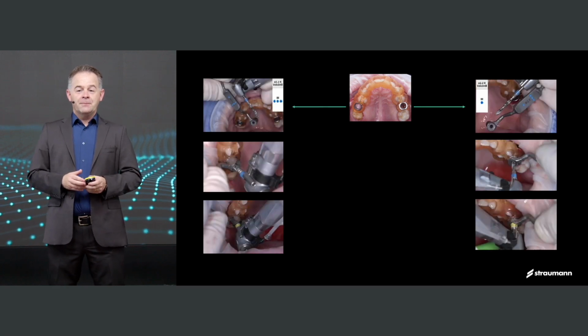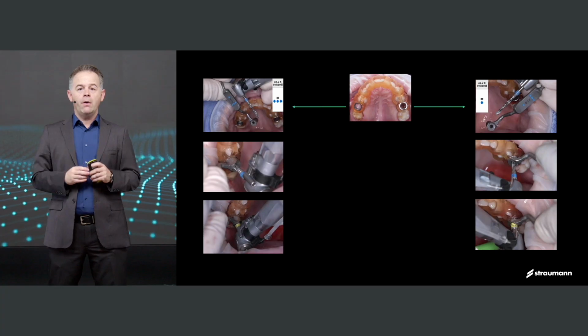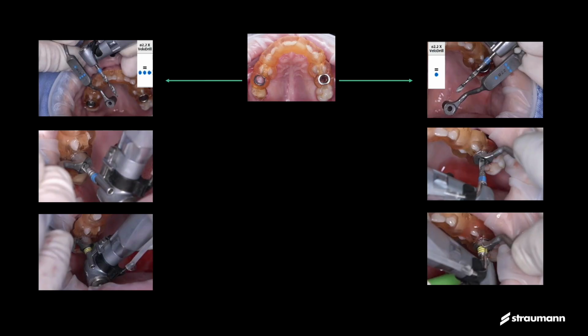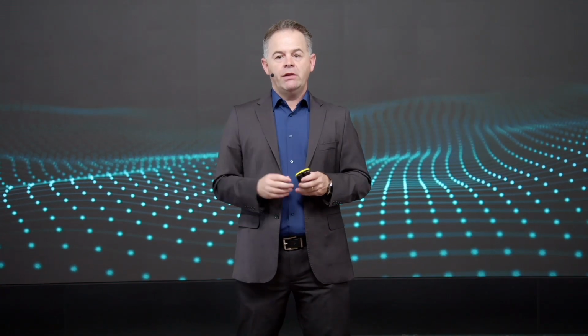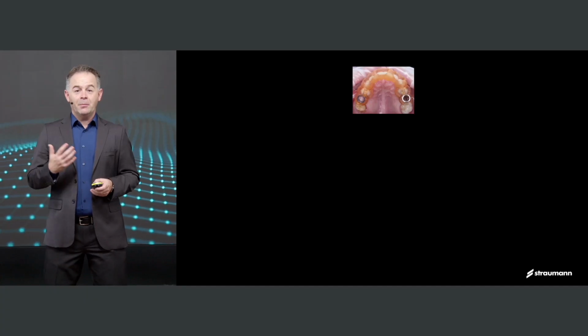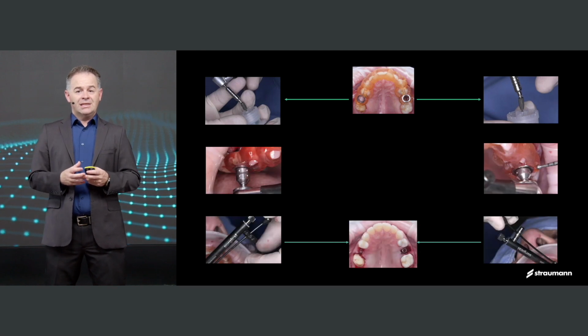So now moving to the guided surgery, you see bilaterally following the drilling protocol, the pilot drill being first, and then next, the 2.8 drill as defined in the drilling protocol. Very simple, no complication, very straightforward procedure. And for the implant placement itself, you see bilaterally, they were all seamless.